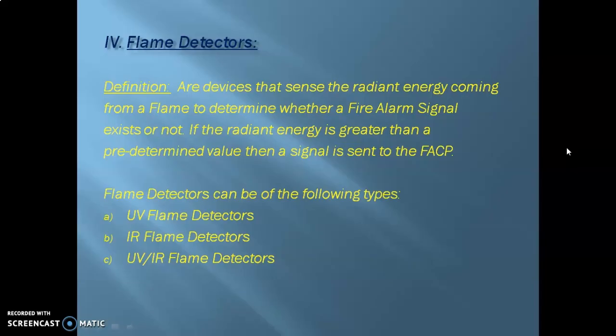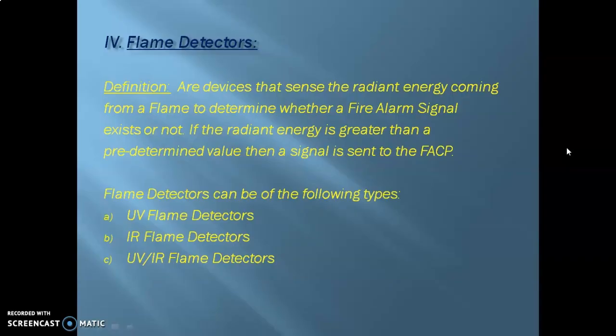If the radiant energy coming from the flame is greater than the predetermined value set within the flame detector, then it sends a fire alarm signal to the FACP after confirmation.